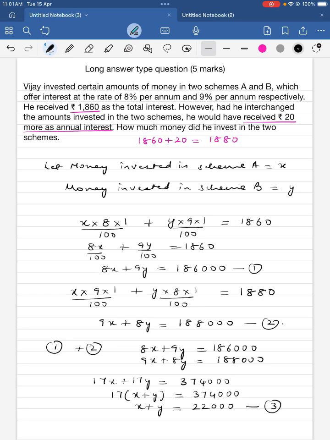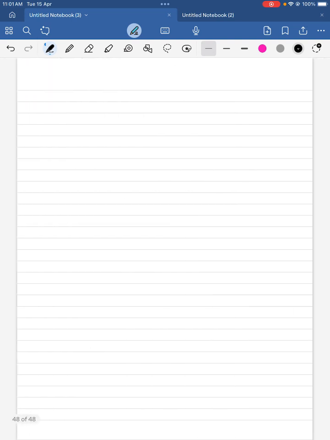Now the same equations, that is equations 1 and 2, I'm going to subtract them. So I'll do 1 minus 2. Now what were the two equations? It was 8x plus 9y equal to 1,86,000 and 9x plus 8y equal to 1,88,000.